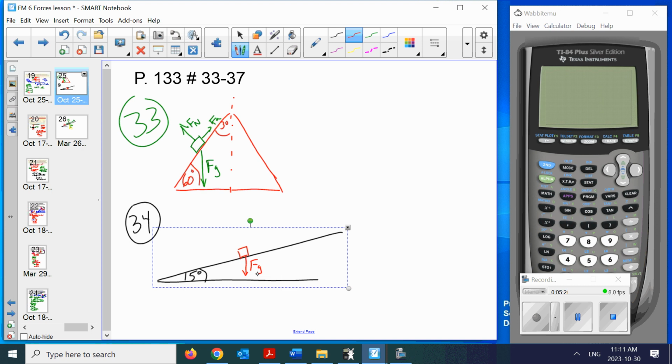We know that if it's not sliding, there's a bit of a friction force. I'm just putting these in here anyways. And then there's a normal force. That's perfect, 90 degrees to the surface. What we are interested in is FG, the weight force.